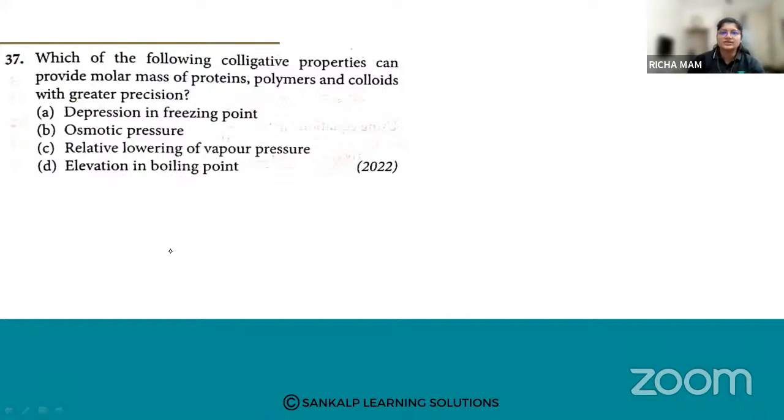Sri Varuni has answered it as B. Yes. And Janvi has also answered it as B. So for measuring osmotic pressure, the measurement of osmotic pressure method is preferred for the determination of molar masses of protein, polymers, and colloids, because it involves molarity and not molality.